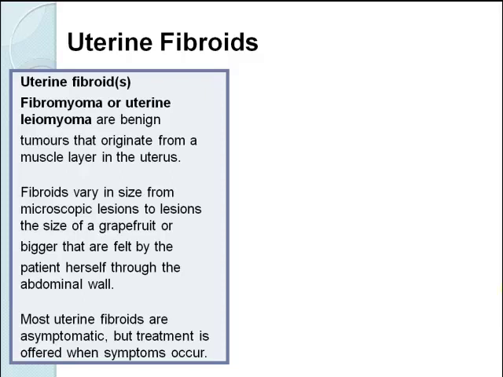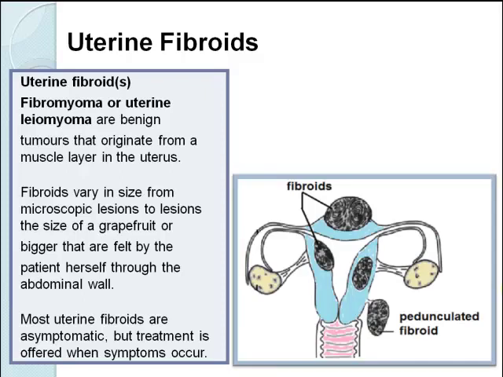These are benign lumps, tumours, that originate from the muscle layer of the uterus. Fibroids vary in size and position within the uterus. And here we have a diagram showing some fibroids. In the bottom right-hand corner, there's one on a stalk. If something is on a stalk, it is termed pedunculated. So there you would have a pedunculated fibroid.